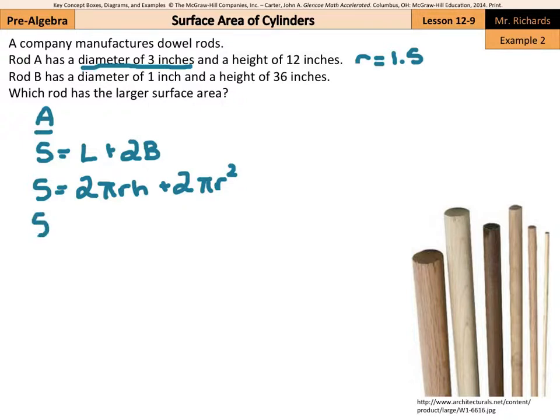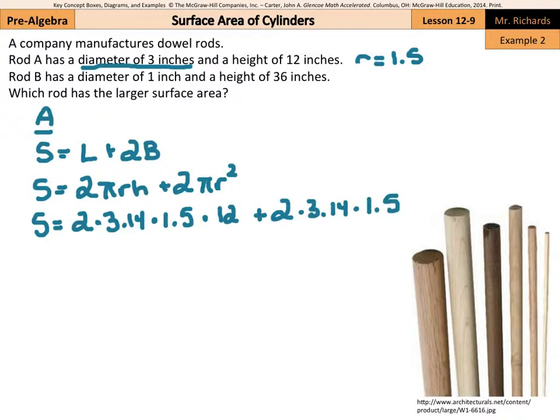So surface area is going to be equal to 2 times 3.14 times the 1 5/10 times the height of 12 plus 2 times 3.14 times that 1.5 squared.